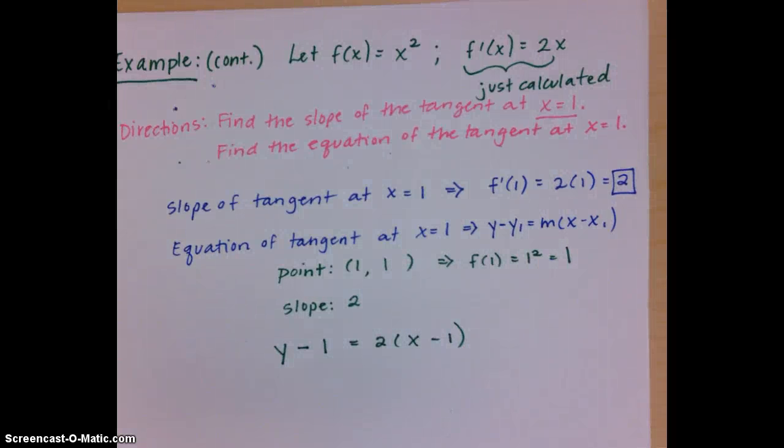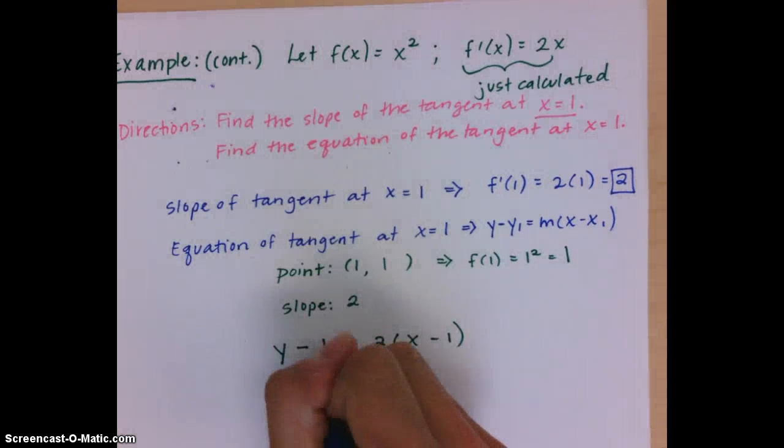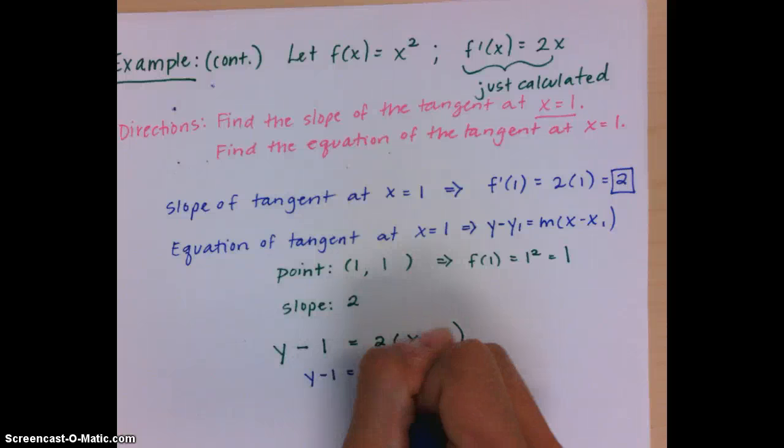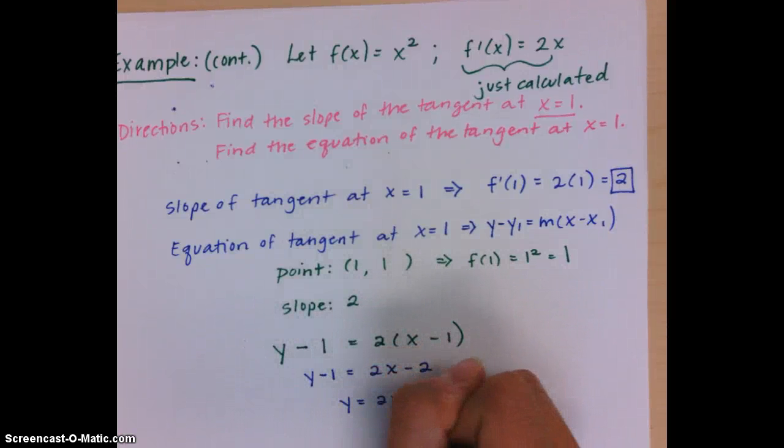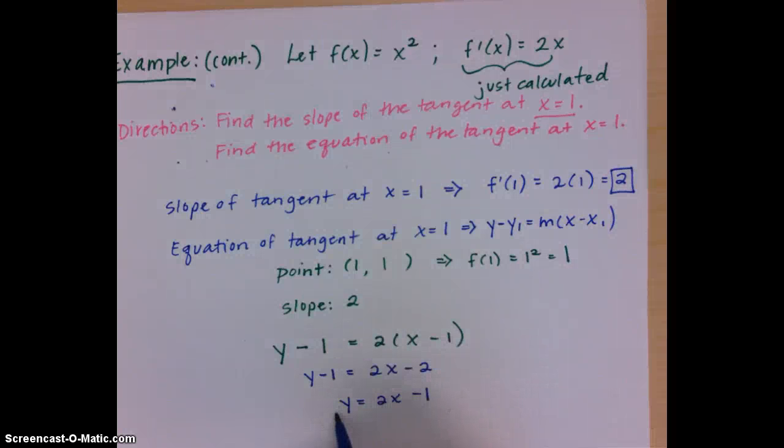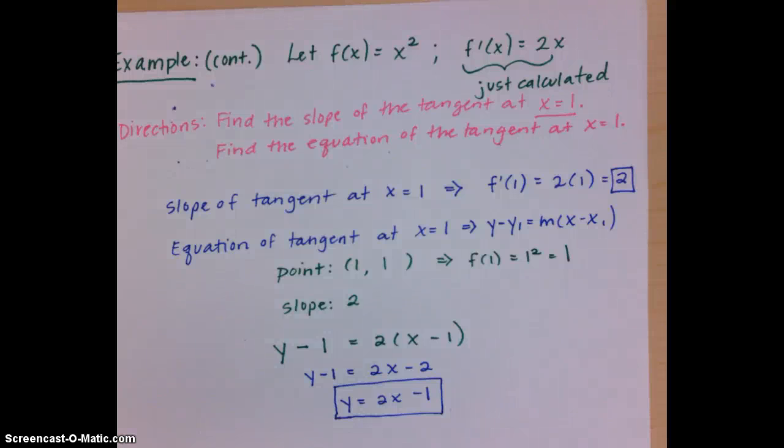Plug in your point, plug in your slope, and simplify to write the equation of this line. So I'm going to distribute here, and I'm going to get y by itself. And there we have the equation of the tangent line for the curve x squared at x equals 1.